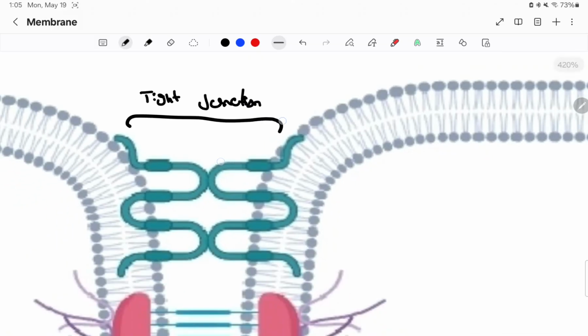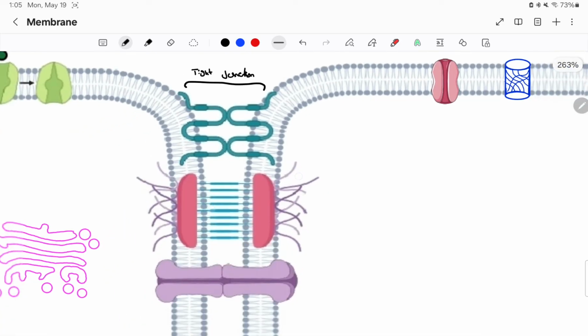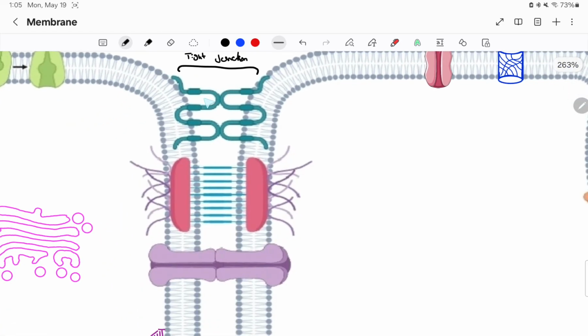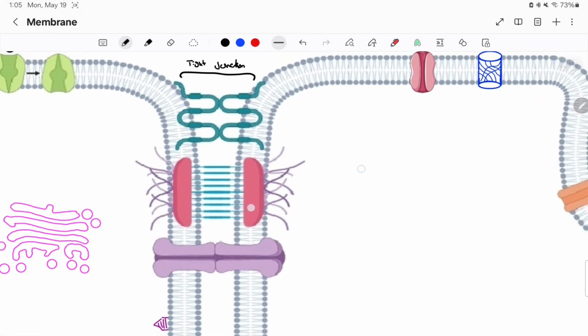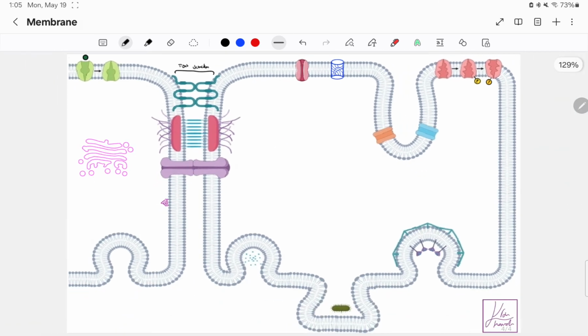Tight junctions pretty much hold adjacent cells very firmly together, forming an almost impermeable barrier. Where would you find tight junctions a lot? You'd find them very much in the enterocytes of the small intestine, the site where most of the food absorption occurs.